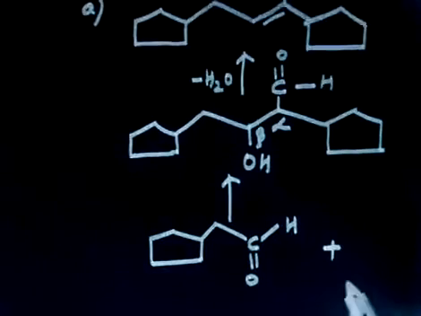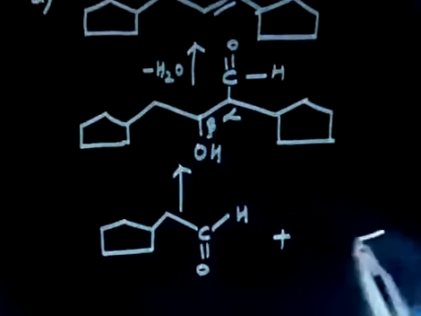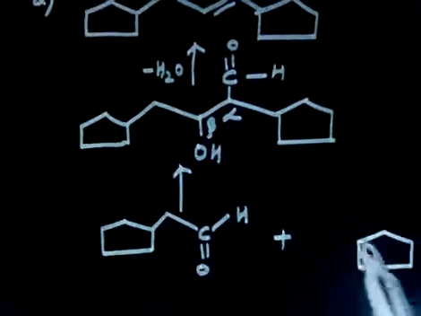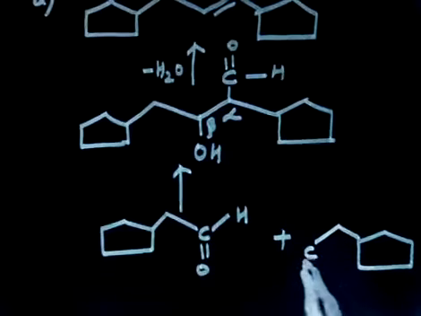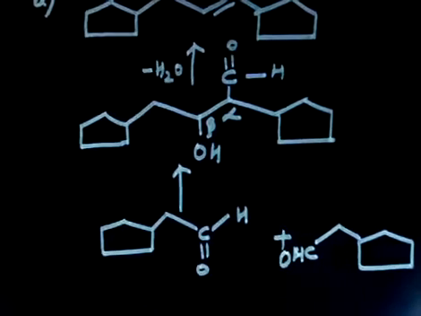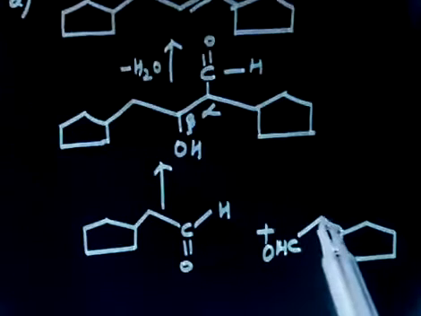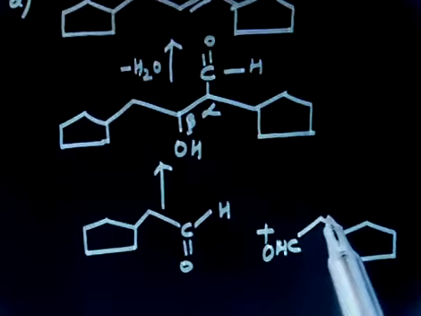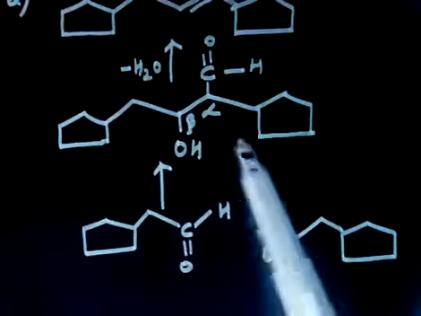And plus the same compound if I take again this side, CHO. So if I take these two compounds, I will get a carbanion here. If I treat with base, this attacks here. So you see, you are getting the same compound.